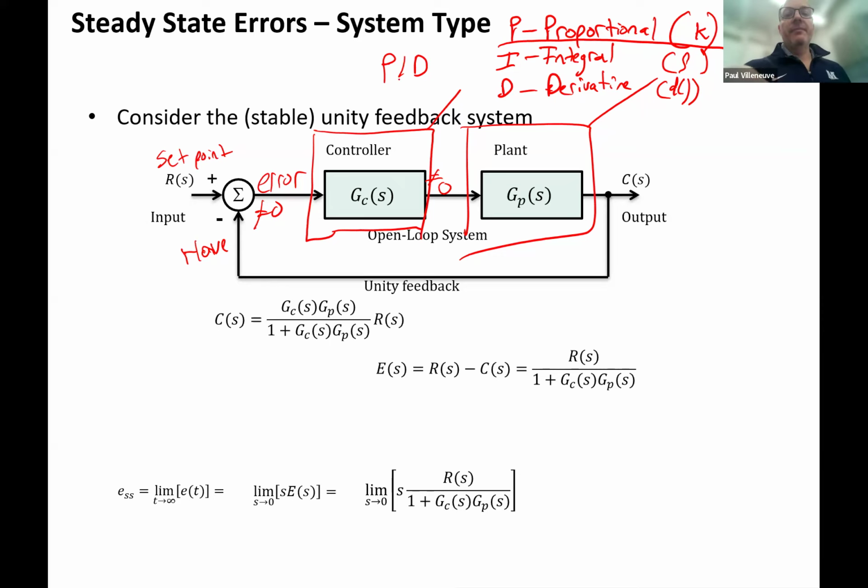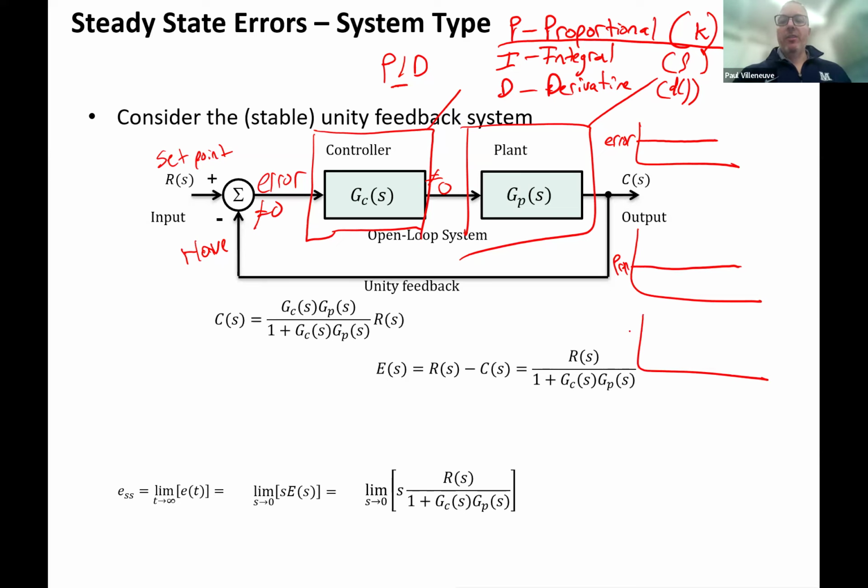If you want to get rid of the error, you put an integral. Why is that? Why would you put an integral in there? I add it to my controller. Here's my error, right? Say it's constant. My proportional is always going to output something like that, right?